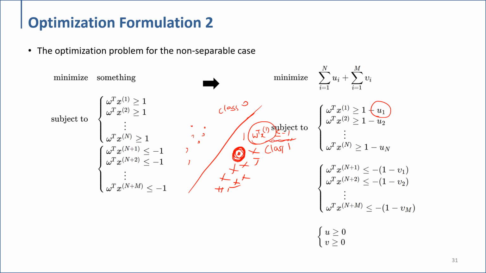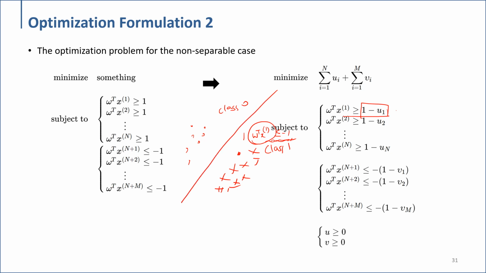For that, we need to introduce an additional term so that this one makes a negative value. So in that case, we are relaxing, or allowing them to misclassify it.